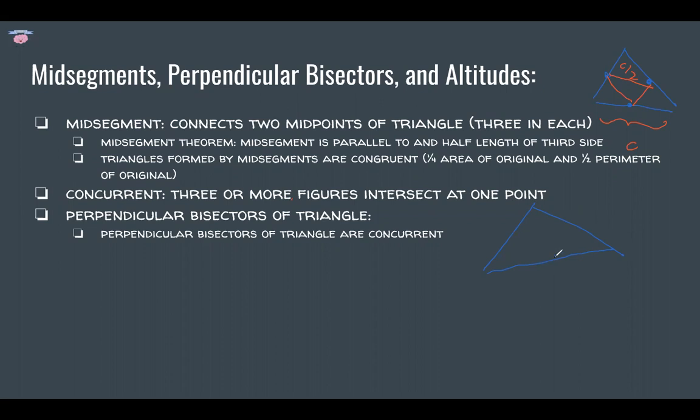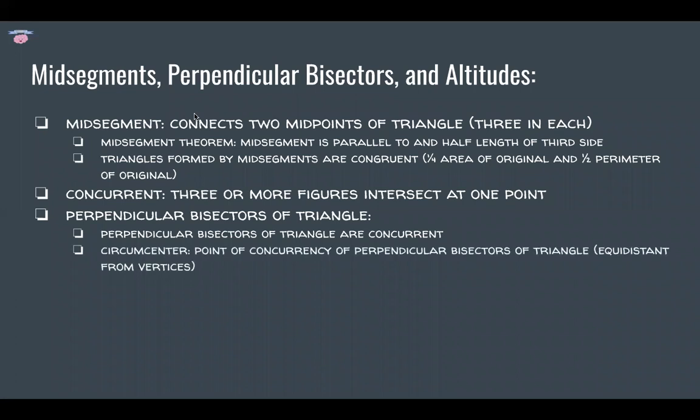So let's say the midpoint was right here. Then the perpendicular bisector would be here. And then the perpendicular bisector of this would be here. The perpendicular bisector of this would be here. And voila, they do intersect in one point. So they're concurrent. Let me also clear the mid-segment image.